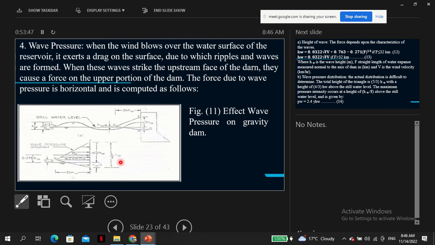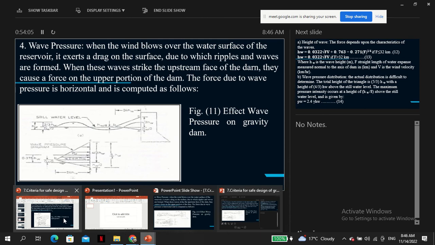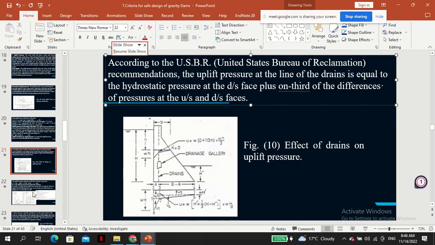Then there is the wave pressure. When wind blows over the water surface of the reservoir, it exerts a drag on the surface due to which ripples and waves are formed. When these waves strike the upstream face of the dam, some spelling issues as well.